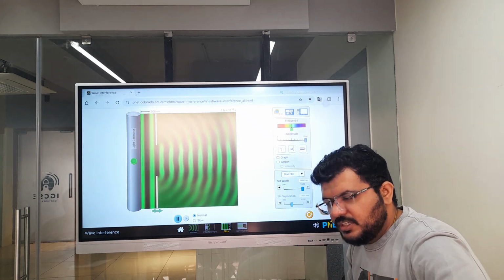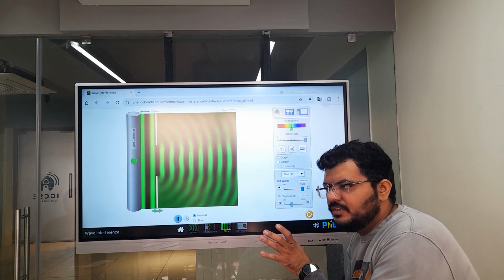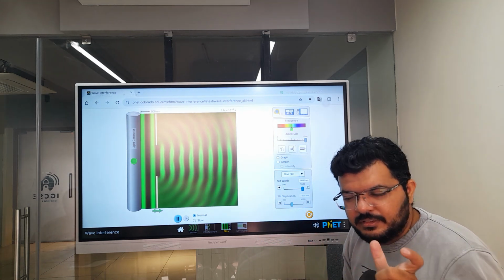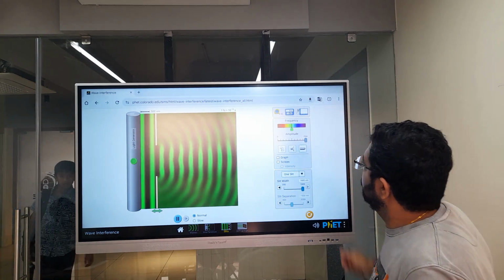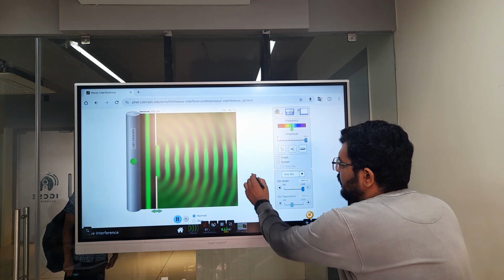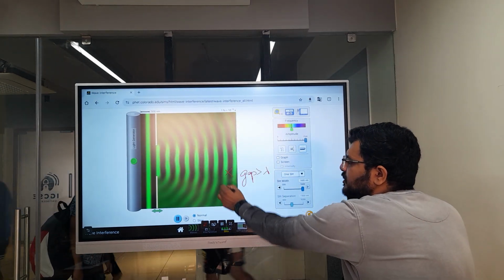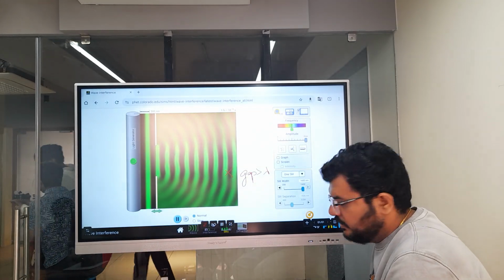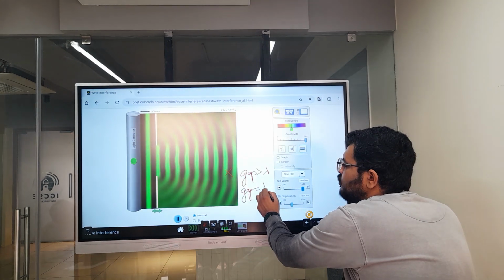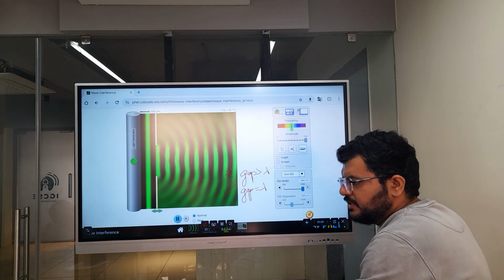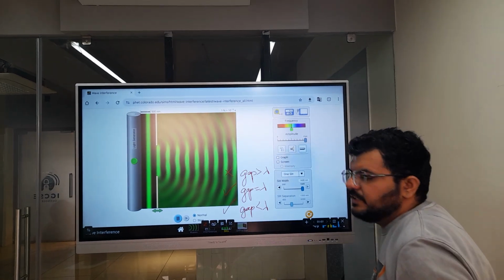For this you can also write 3 points: gap greater than wavelength, no diffraction; gap equal to wavelength, diffraction will take place; and gap smaller than wavelength, diffraction will take place.